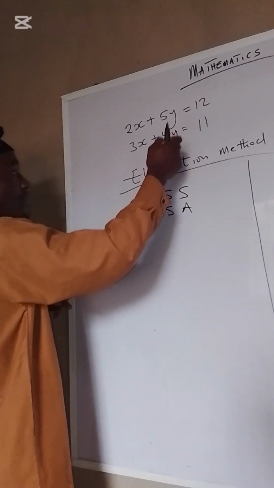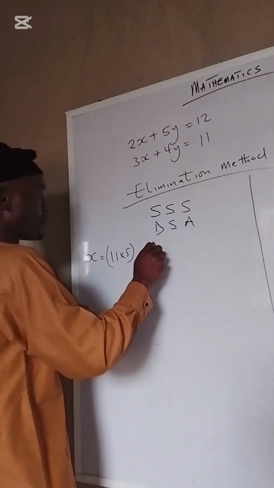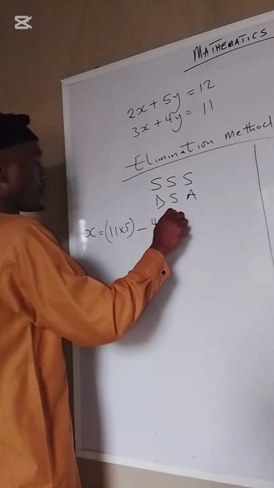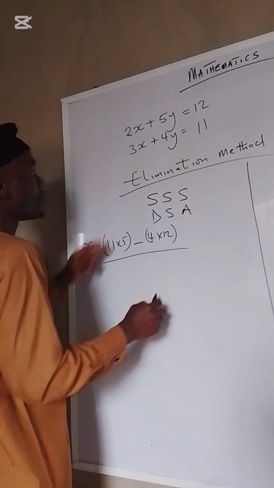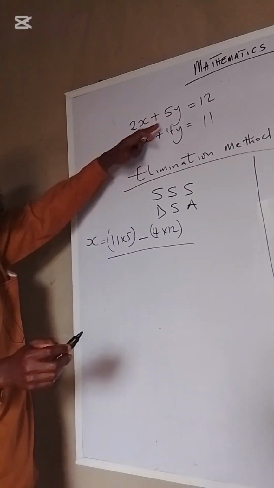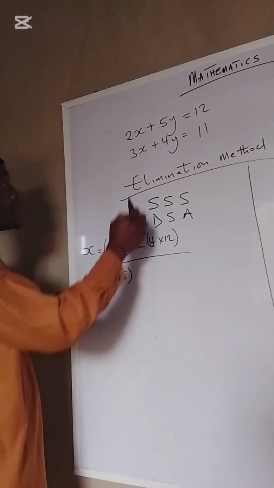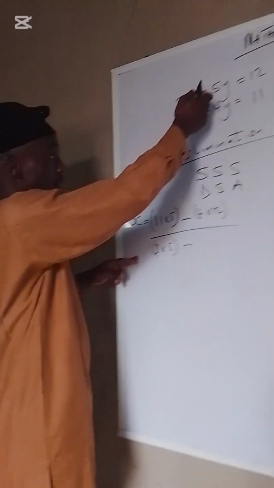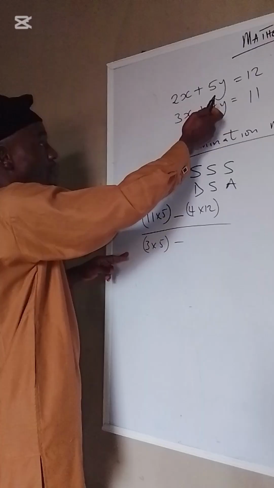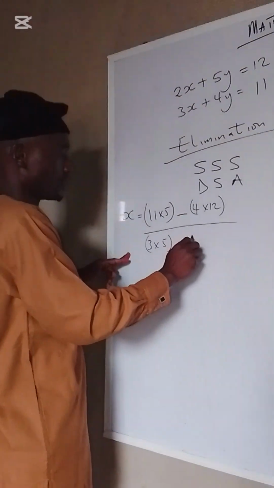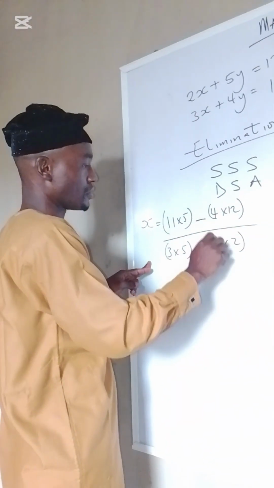That is divided by, you come to the other side, 3 multiplied by 5, minus, I told you we are using the minus sign, 4 multiplied by 2.